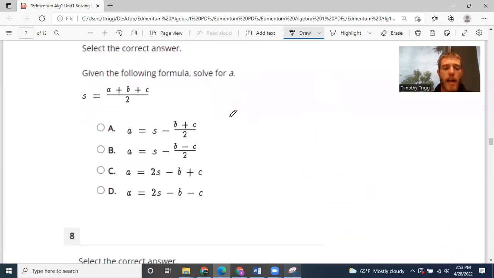Here we want to solve for A. This one's a bit tricky, but we can do it. My first step, I noticed that this entire right side is divided by 2. So I'm going to multiply by 2 to cancel that, multiplying the left side by 2 to keep it equal. So I have 2s equals A plus B plus C. Now my goal is to get A by itself.